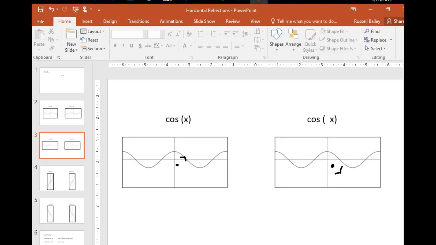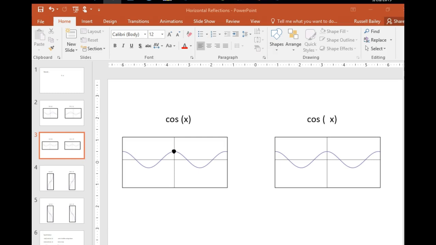Let's look at cosine. All right, so cosine usually starts where? Hello? Cosine usually starts at the top, right?